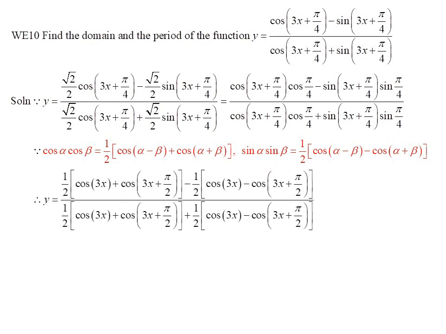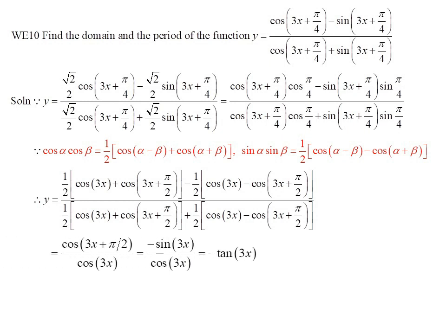Hence, after further simplifying both numerator and denominator by collecting or cancelling like terms, the expression equals the ratio of cosine (3x plus pi over 2) to cosine 3x.